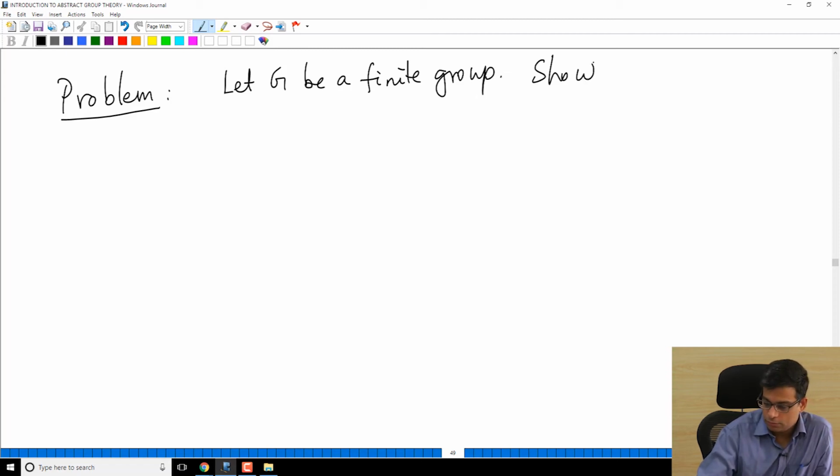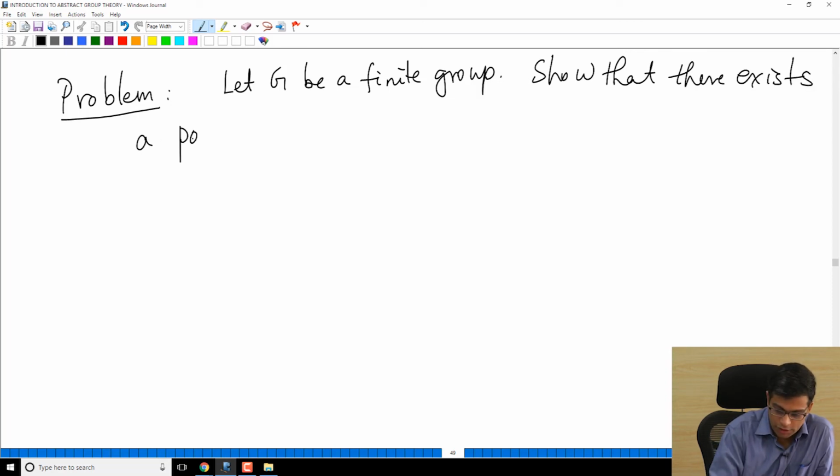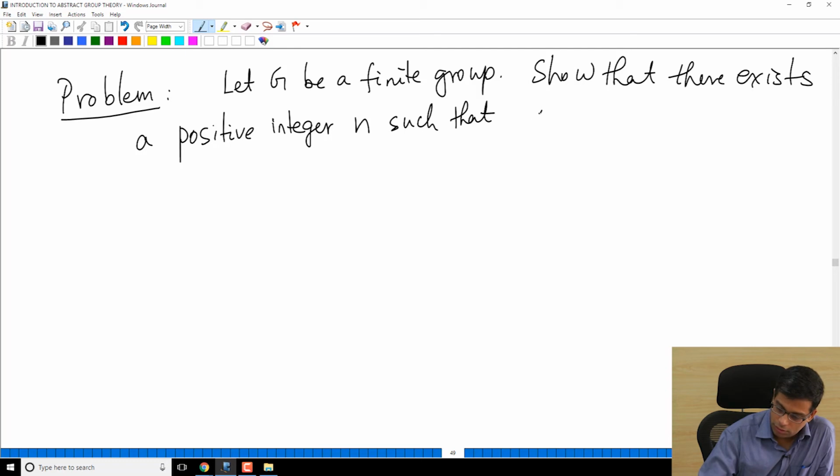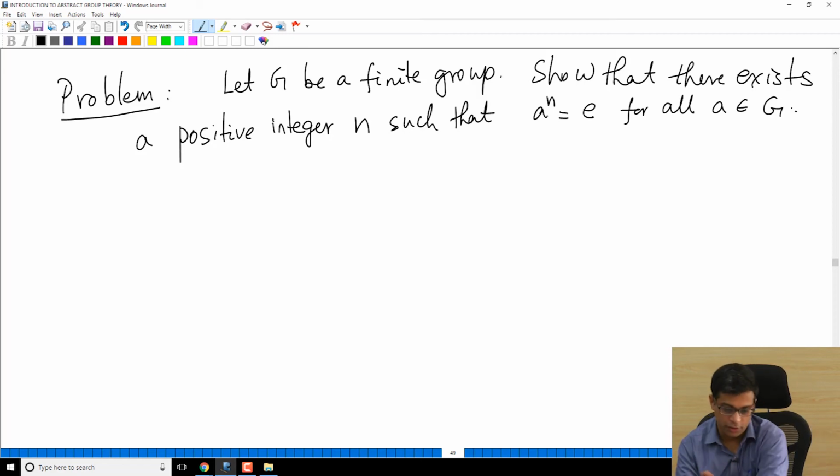Show that there exists a positive integer n such that a power n is e for all a in G. Okay, so, if you read the problem carefully, let G be a finite group, show that there exists a positive integer n such that a power n is e for all a in G.